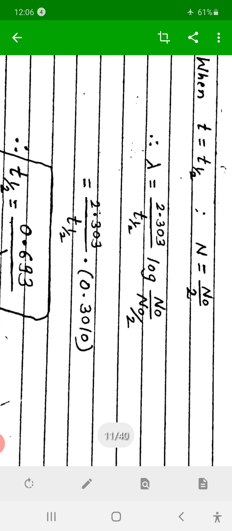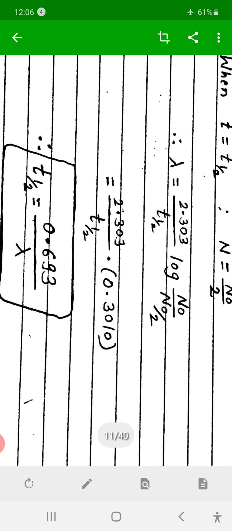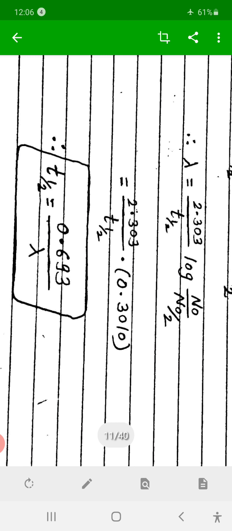Substitute those values, then the equation becomes lambda equals 2.303 into log, N0 cancels, therefore log of 2, that is 0.3010, upon t half. If we multiply 2.303 into 0.3010, that becomes equal to 0.693.